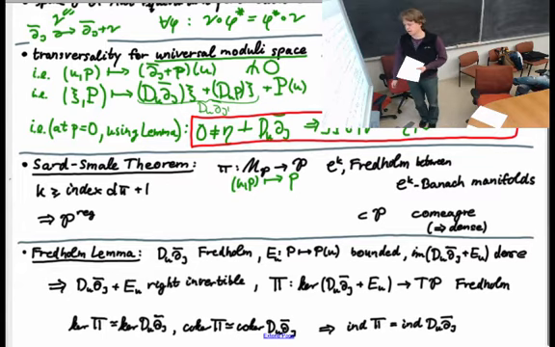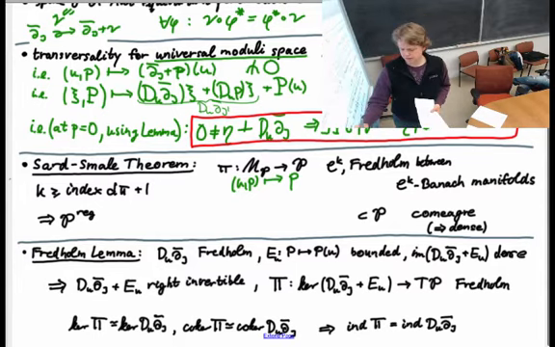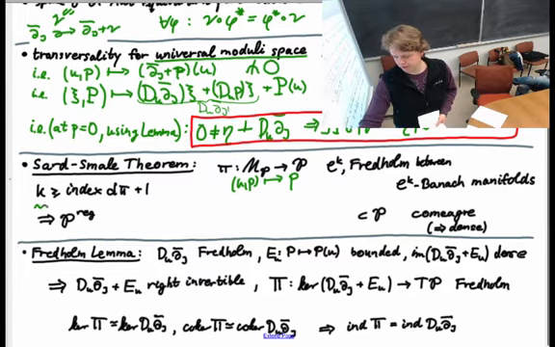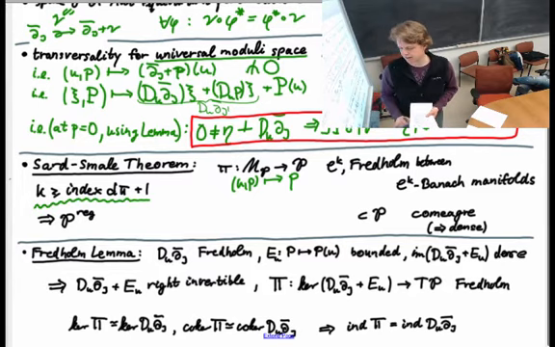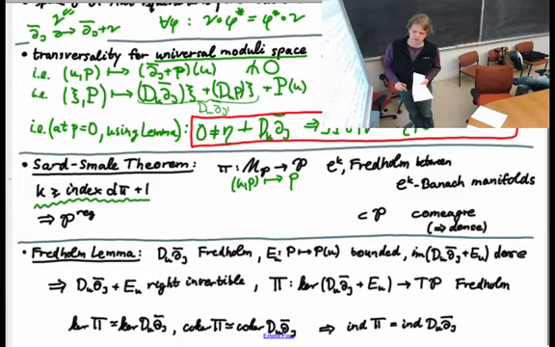So I want that Fredholm and Banach manifolds. Then, in infinite dimensions, regular values are still dense, but only under a condition that connects the differentiability with the index of this projection.